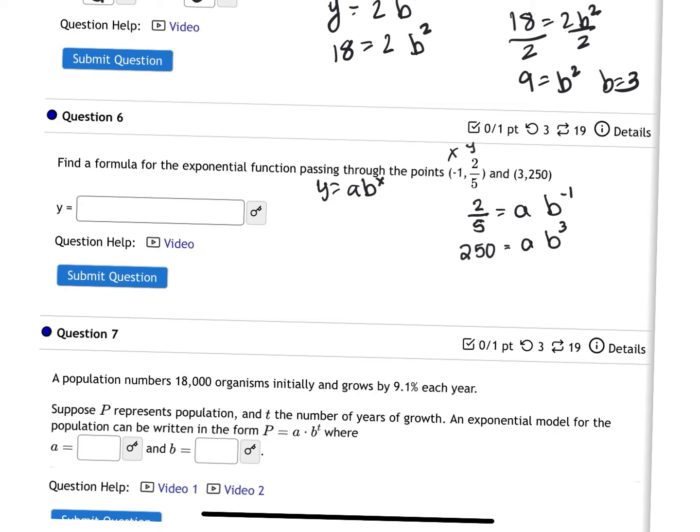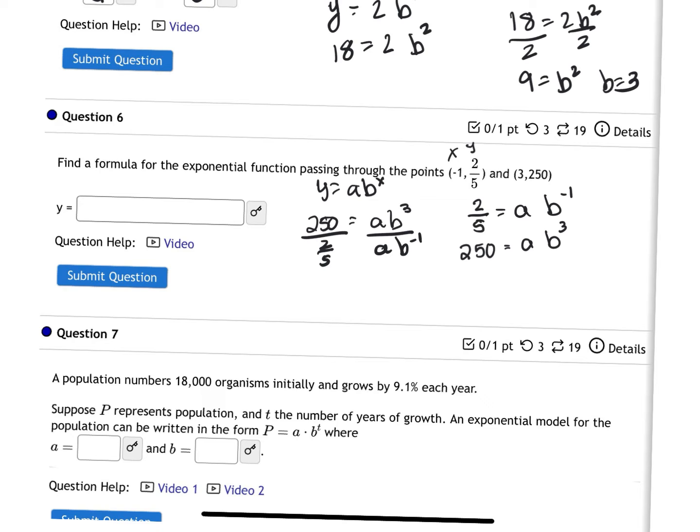Right? I can create a third equation if I divide these equations by each other. So 250 equals a b to the 3 divided by 2/5, which is divided by a b to the negative 1. So I'm dividing these 2 equations.